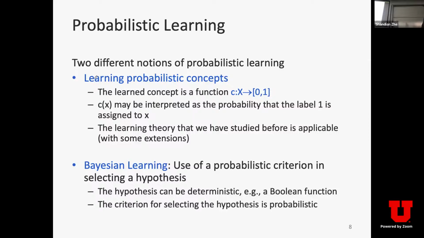And Bayesian learning provides a probabilistic criterion in searching and selecting a hypothesis. Remember, it just uses a probabilistic view to describe the searching procedure, but the hypothesis itself could be deterministic, or could be learning a probabilistic concept. It doesn't matter. Only the criterion for selecting the hypothesis is probabilistic.